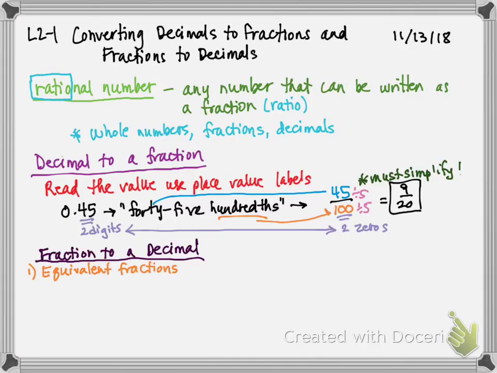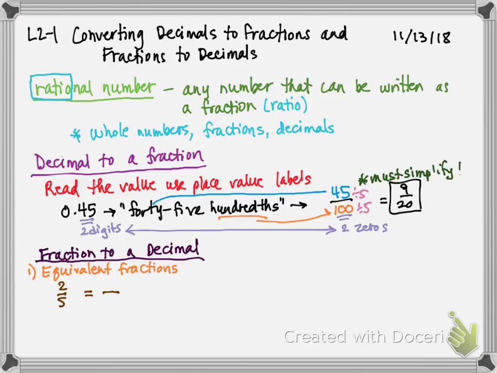What we're going to do is take our original fraction, let's say we have 2/5, and turn it into a fraction that has some decimal place value in the denominator. In other words, tenths, hundredths, thousandths, and so forth.